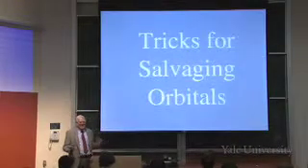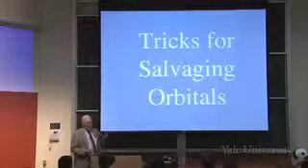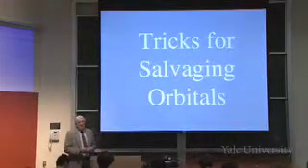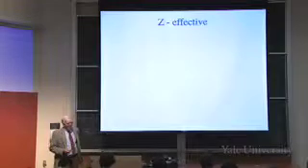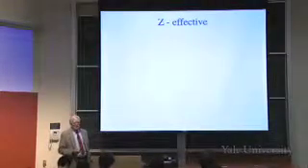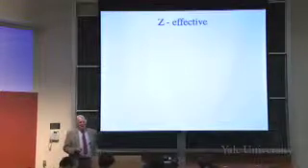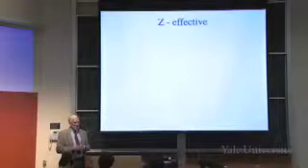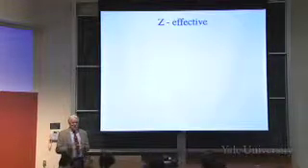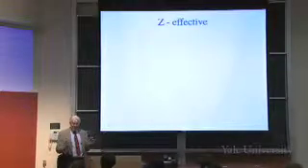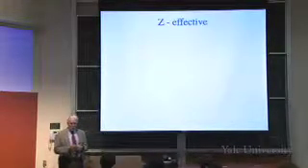It's gone. Okay. But are there tricks that would allow us to salvage orbitals, to use them even though we know they're wrong? Okay, well, the simple-minded trick is Z effective. We talked about how you could scale the 1-electron wave functions, the atomic orbitals, for nuclear charge. If you increase the nuclear charge, they contract, and we saw what different properties are proportional to.